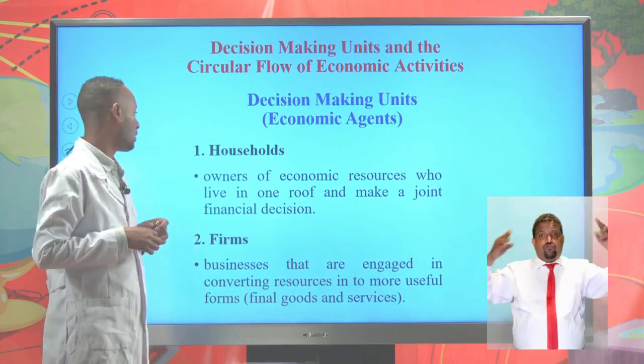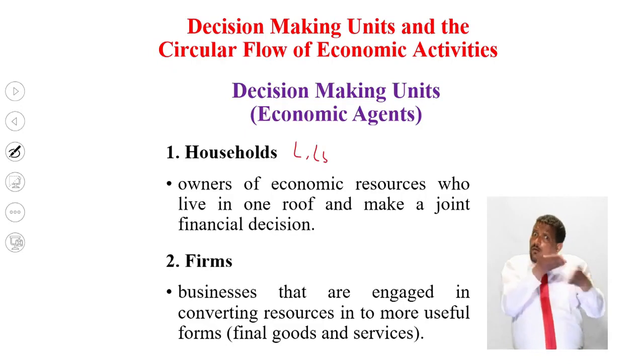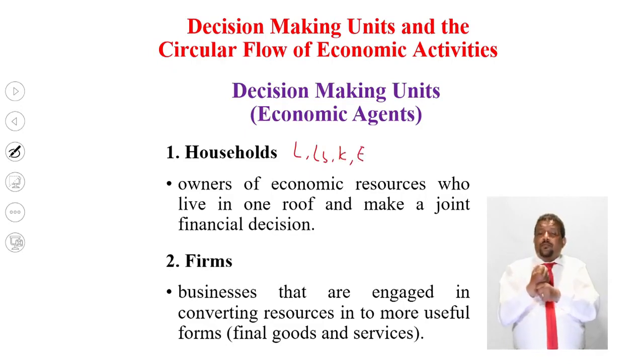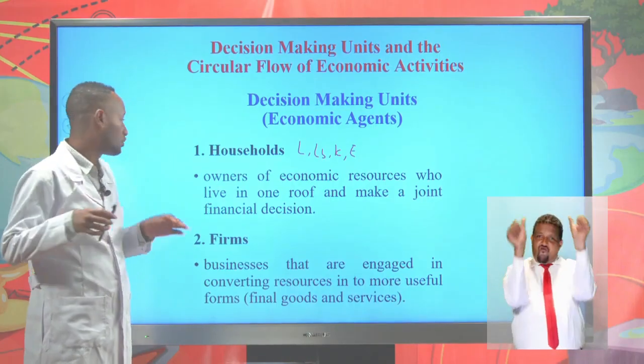These households are owners of economic resources: land, labor, capital, and entrepreneurship. Firms are the ones engaged in converting these economic resources into more useful forms, into final goods and services. So these are businesses engaged in converting economic resources into more useful forms, into outputs.